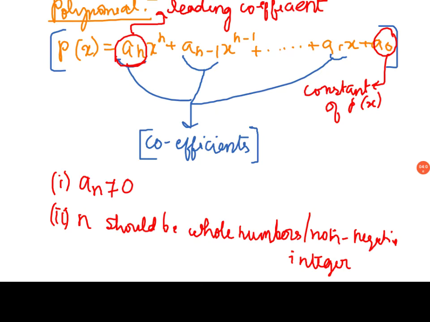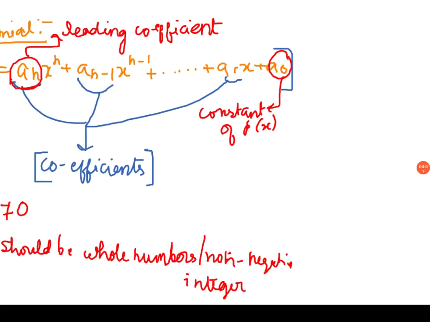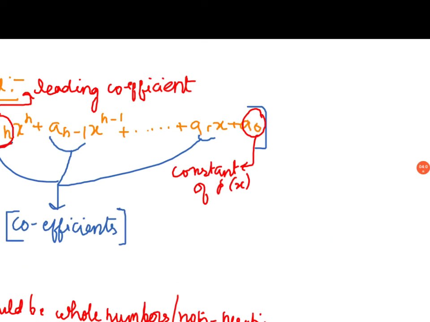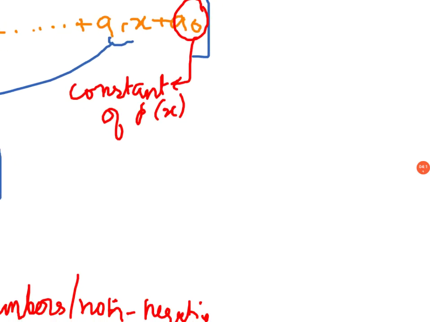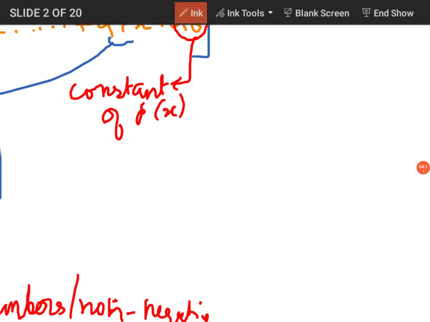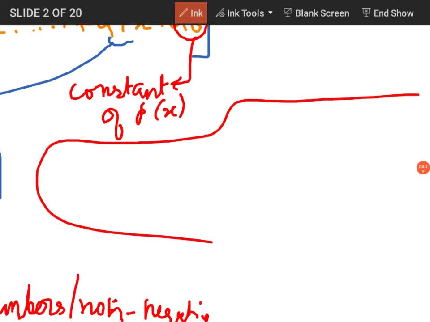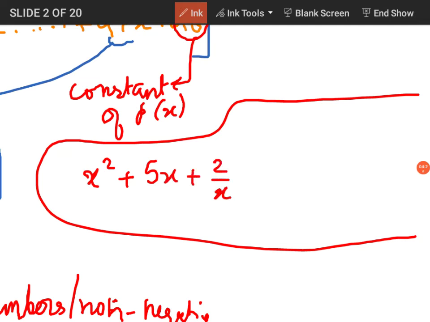Correct? Now, for example, let's see how much you've understood. These are very basic things that I'm talking about right now. Can you tell me if x square plus 5x plus 2 upon x, this expression, is a polynomial or not?